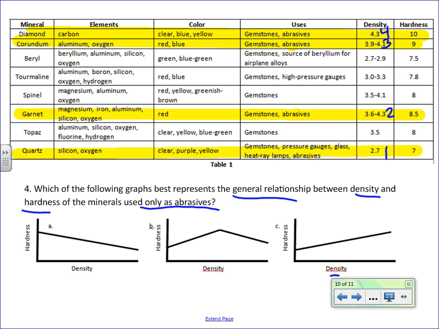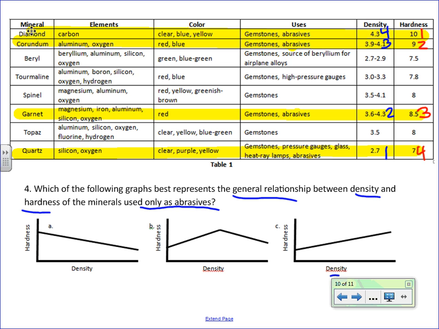So in this case, if the other ones went 1, 2, 3, 4, which graph would be true if this were the case? The first one, because what this is showing us is that as our blue ones increase, as our density increases, our hardness would then decrease. But in actuality, that doesn't happen.